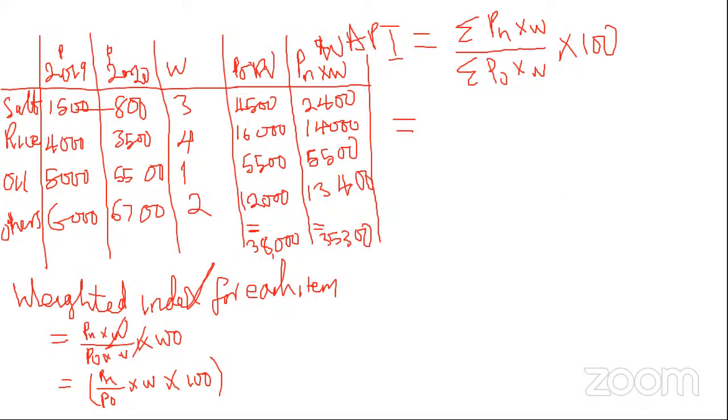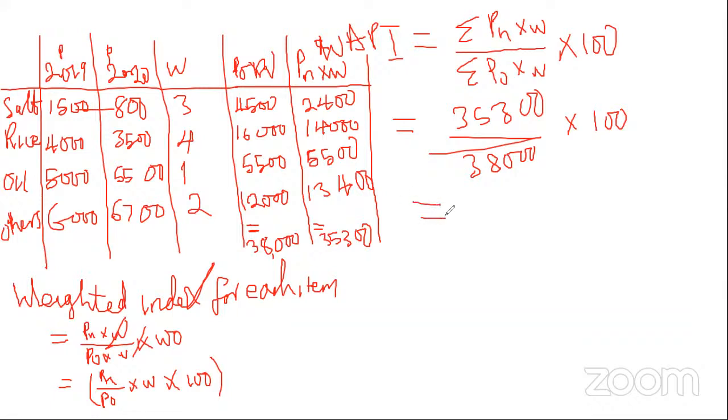And then after this, we are going to substitute in our table here. 35,300 divided by 38,000 and multiply by 100. And the answer is 92.9.